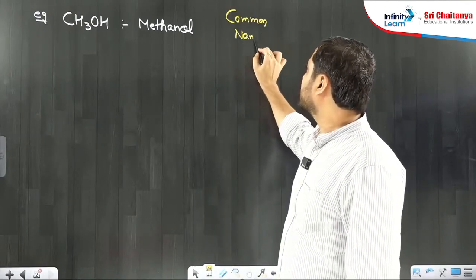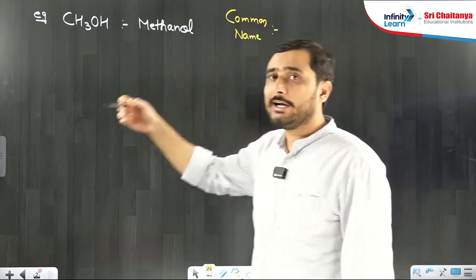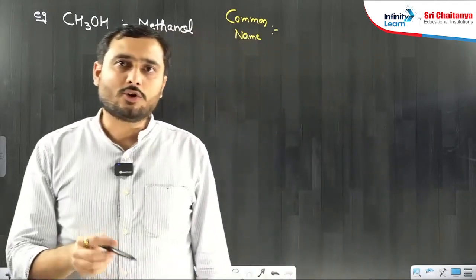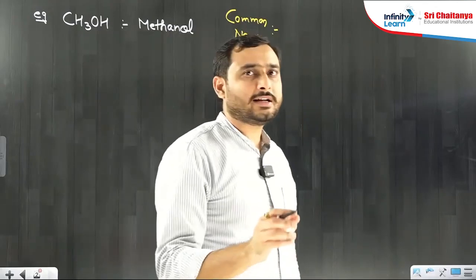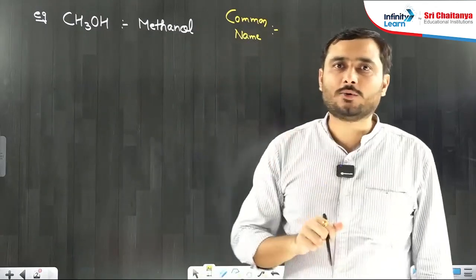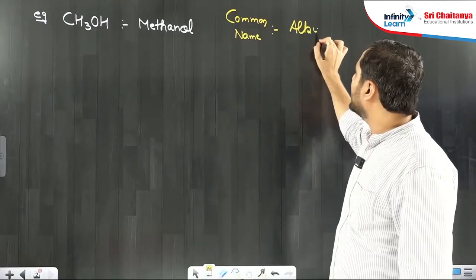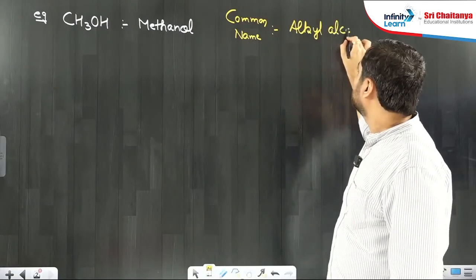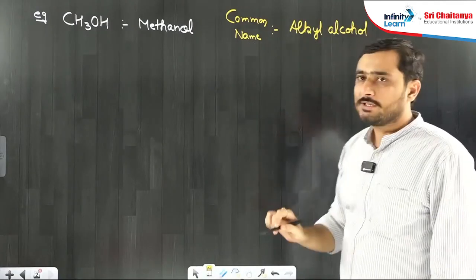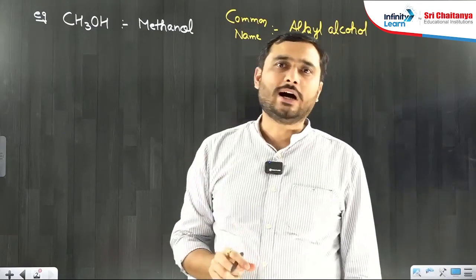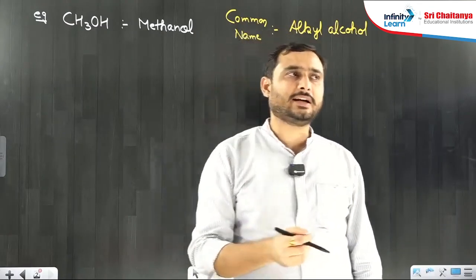Now important, I will tell about how to write the common name of alcohols. In organic chemistry, most times you will get common names also. Now the common name is very simple. It is an alkyl group attached with OH, that is the alcohol part. So how to write the common name? Alkyl alcohol. Very simple. So first we have to write the name of the R group. R is alkyl. If it is CH3, it is methyl.